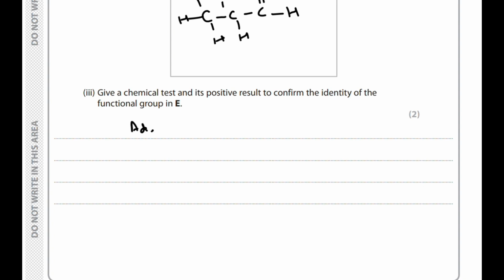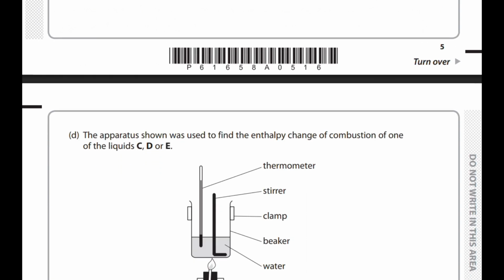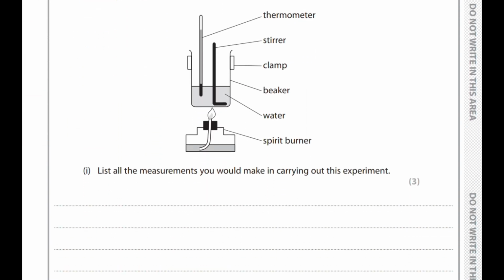If you add Tollens reagent, a silver mirror forms. This is a positive test for aldehyde. So you can write any of the tests, Benedict test, Fehling test, or Tollens reagent test.